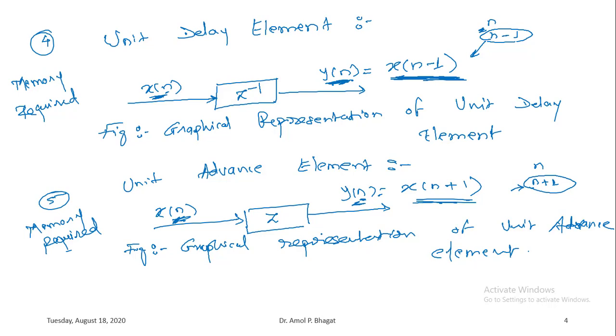So the future input samples cannot be stored, right? So whatever examples we will look at in our subject, for the realization of discrete time systems by utilizing these basic building blocks, we have seen five basic building blocks, but you will never find the unit advance element in the realization of a discrete time system, right? Basically because it involves looking into the future of the signal.